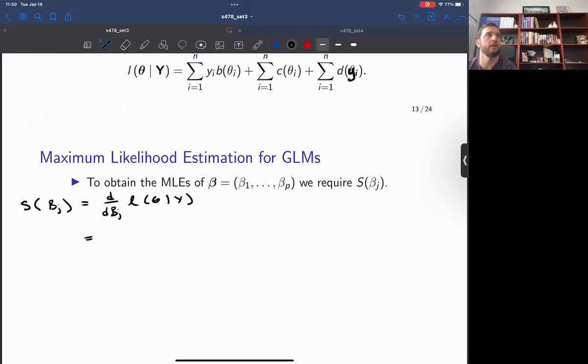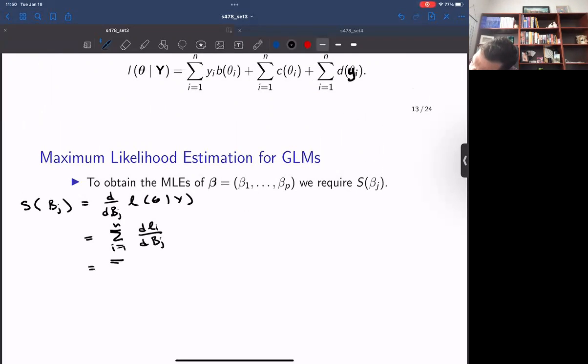So this can be written as the sum from i equals 1 to n of d l_i divided by d beta j.